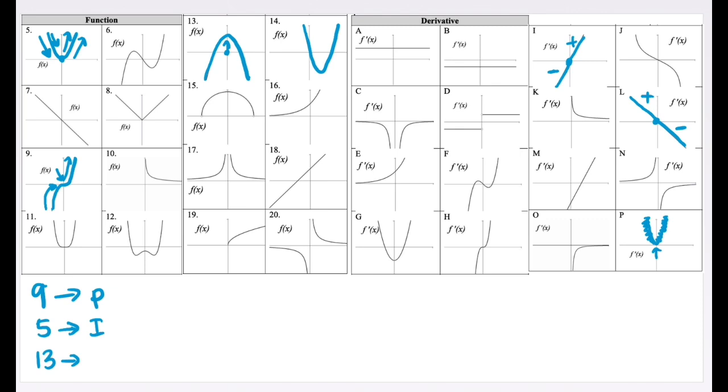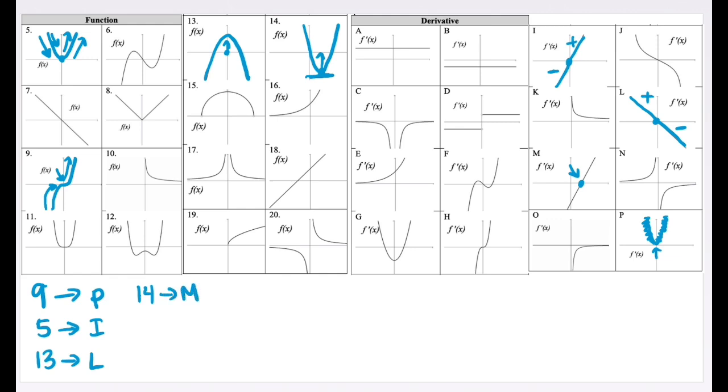So 13 is actually going to match up with L. And then 14, this one is negative and then positive, but its change doesn't happen at 0. Its change happens right here, which correlates to this value where it's got a slope of 0 or a horizontal tangent there. So that one would match up with graph M. So 14 matches up with graph M.